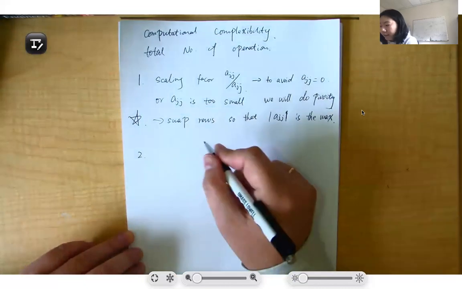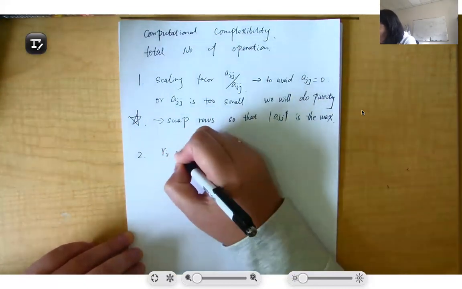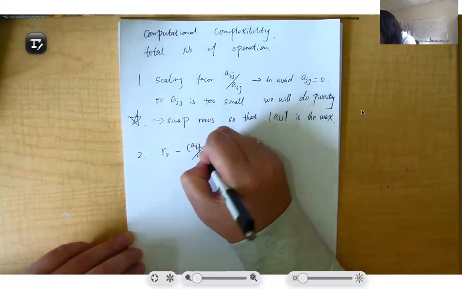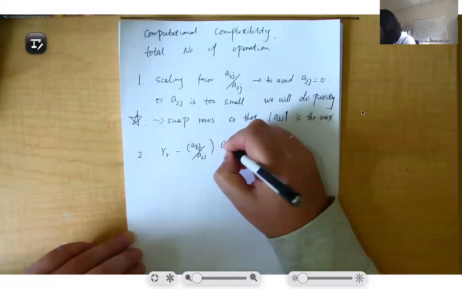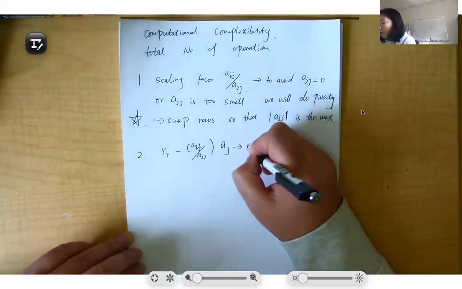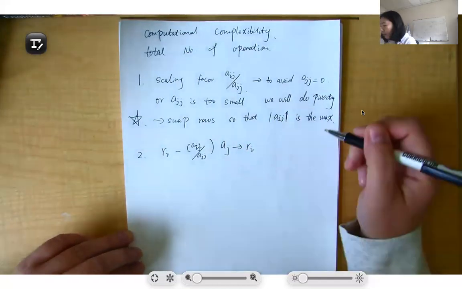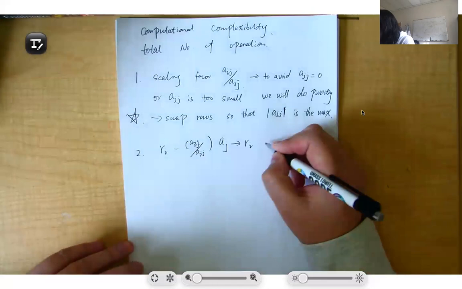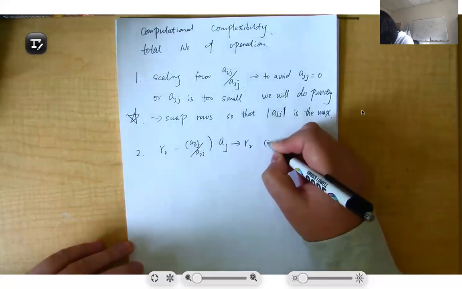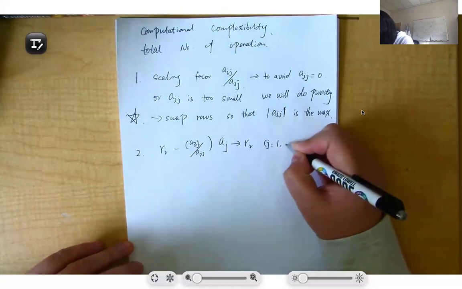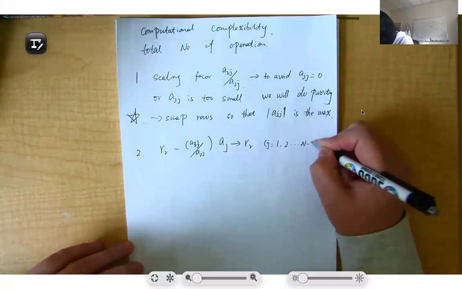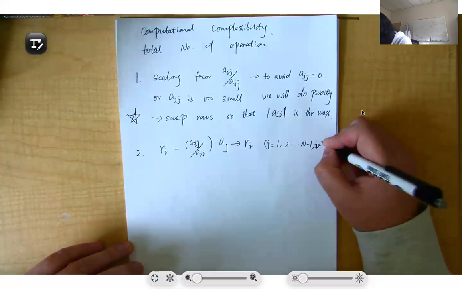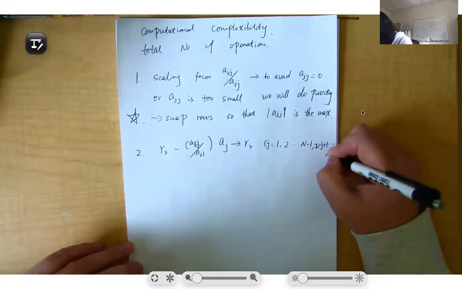After you get the scaling factors, the new row i will be Ri minus Aij divided by Ajj, which is the scaling factor, times Rj. This is scanned over all the rows. j will equal 1, 2, until n minus 1, and i will equal j plus 1 until n.